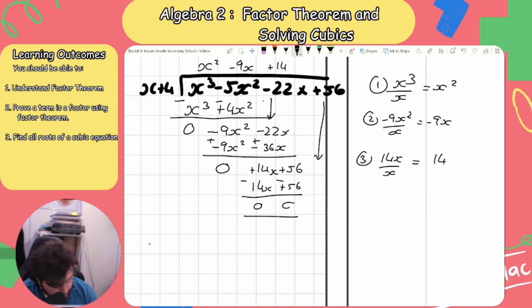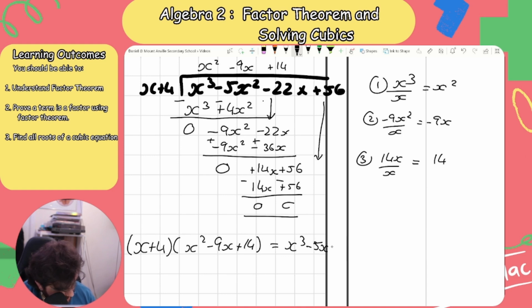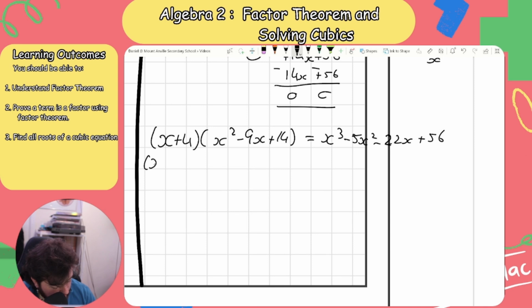Done. So therefore, x plus 4 times x squared minus 9x plus 14 equals x cubed minus 5x squared minus 22x plus 56. So, fully factorize this. I'm going to have x plus 4 times x minus 7 times x minus 2 is equal to x cubed minus 5x squared minus 22x plus 56.